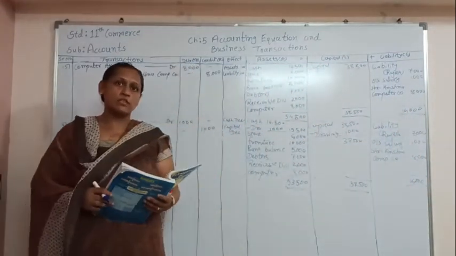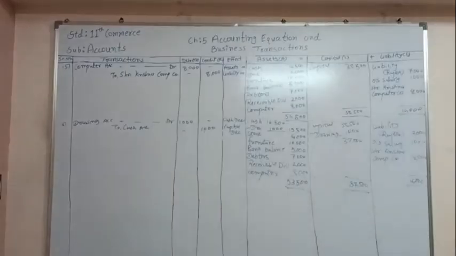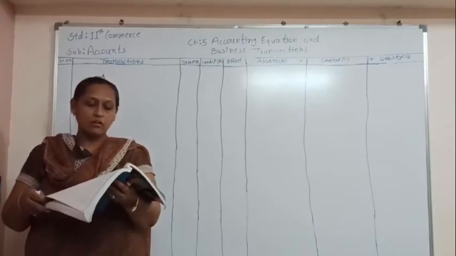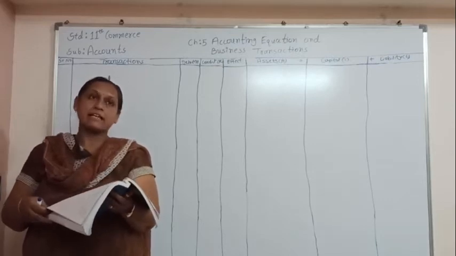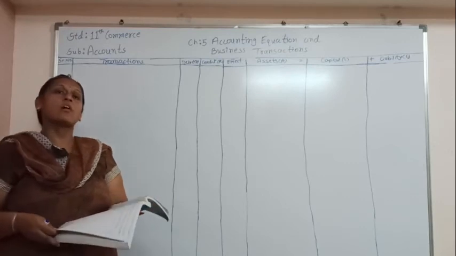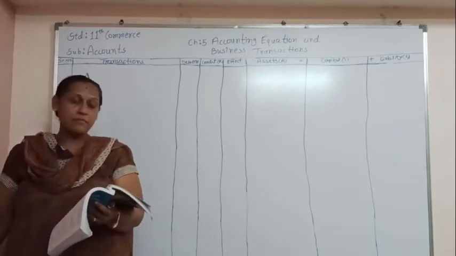Then we are going to see the next transaction. Account of Rajesh settled. So here we have settled the account of Rajesh. So we are going to give him money. For that, Rajesh account debit to cash.